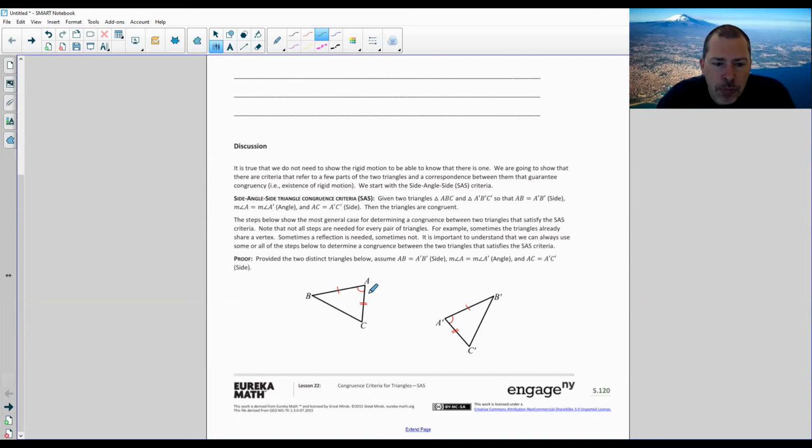So the proof says, provided the two distinct triangles below, assume AB equals A prime, B prime, that's a side. The measure of angle A equals the measure of angle A prime, there's your included angle, and AC equals A prime, C prime, another side.